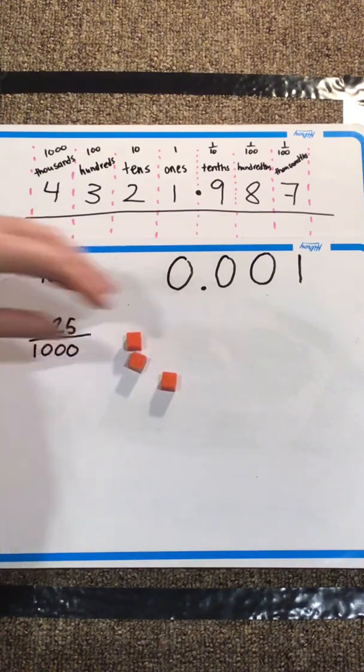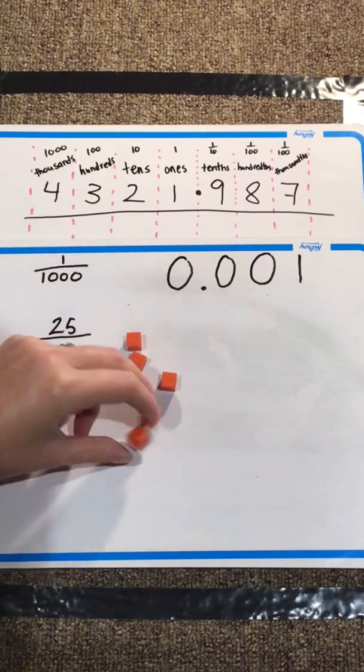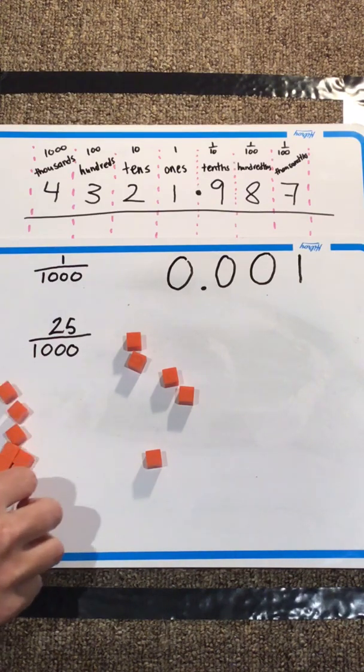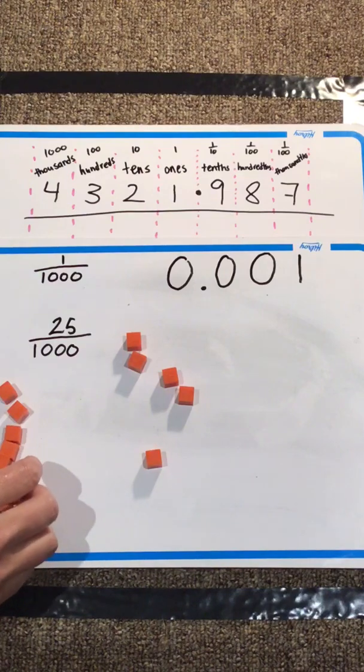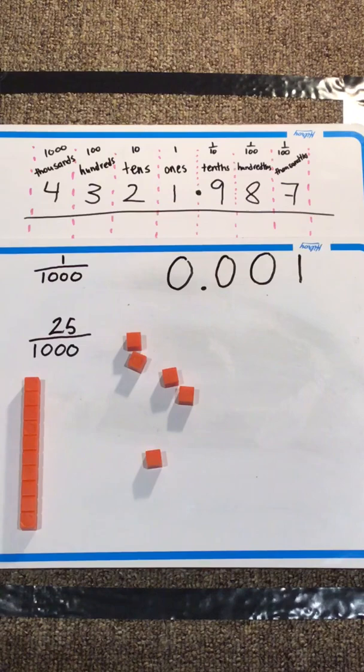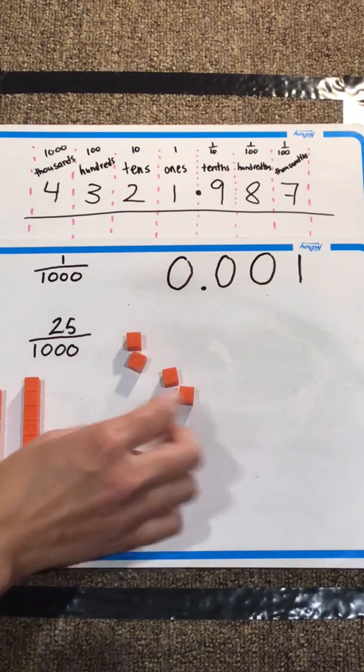So we could model that. 1, 2, 3. There we are. There's 5 thousandths. And then I really don't want to start counting out 10 of the... what if I just did that? That'll be another 10 of those pieces, and I need 25 of them, so I've got the 5.